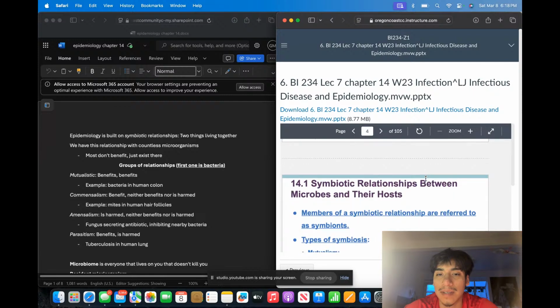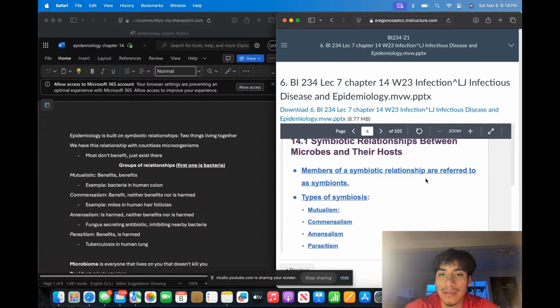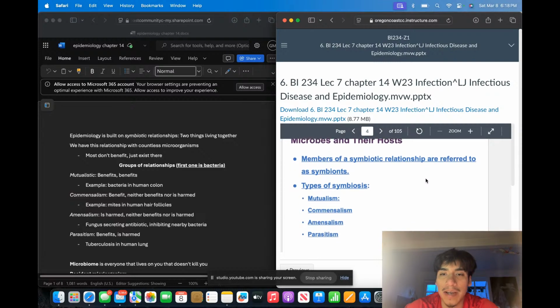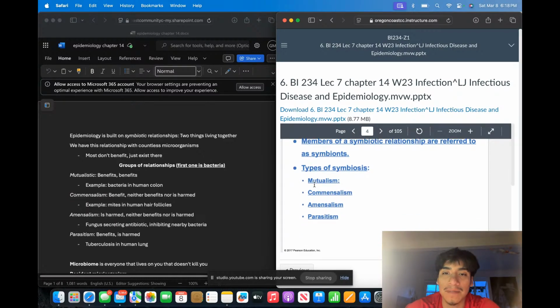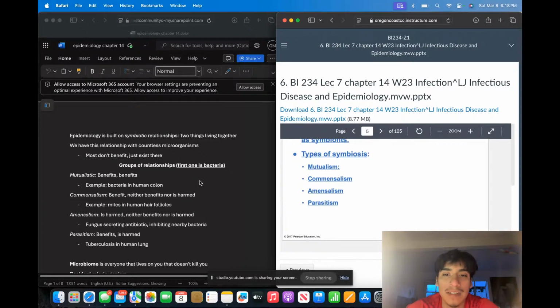It's crazy. Members of symbiotic relationships are referred to as symbionts. That's actually a good vocab word. Types of symbiosis: mutualism, commensalism, amensalism, and parasitism.